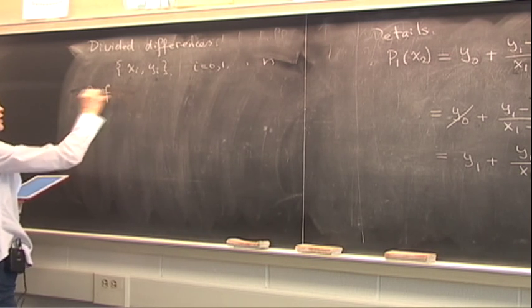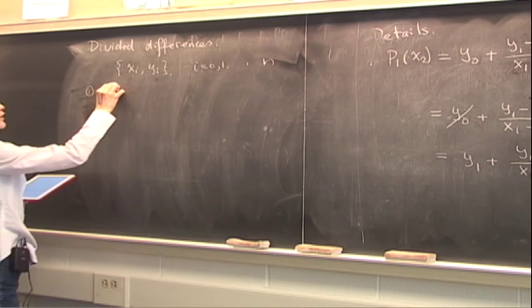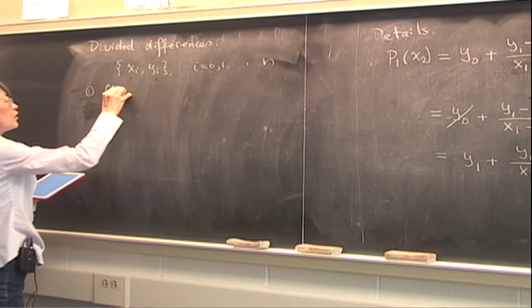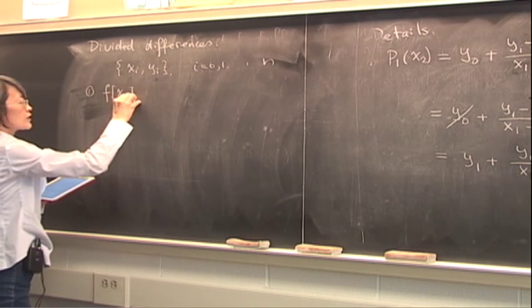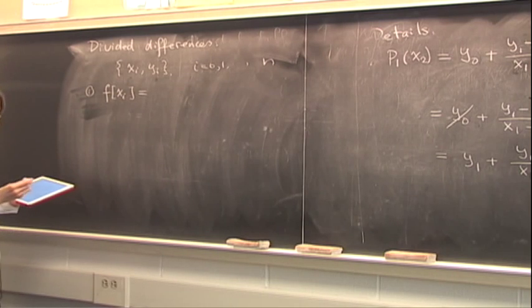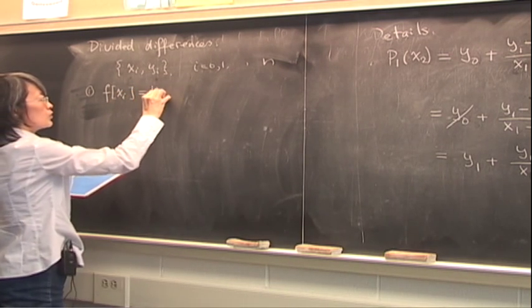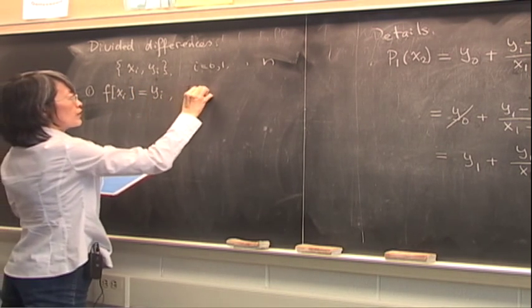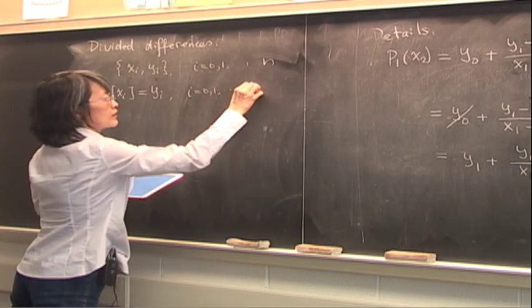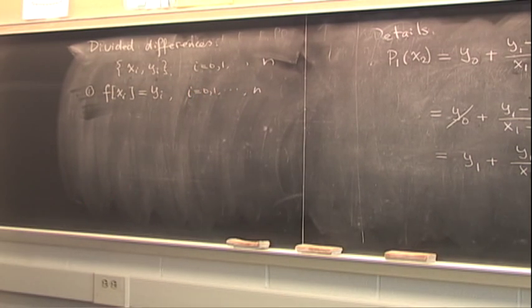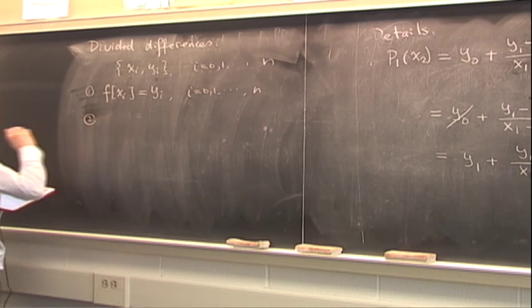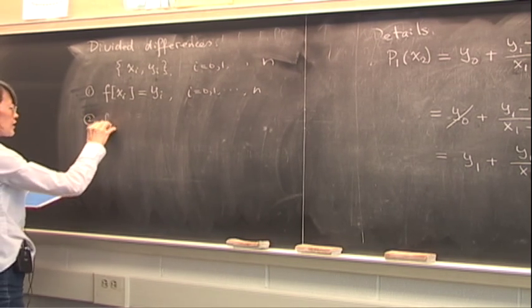This is a notation: f of just one such xi is exactly equal to yi, for i from 0, 1 to n. So I initiate the iteration by assigning all the y's to my f. And then I do the next level.